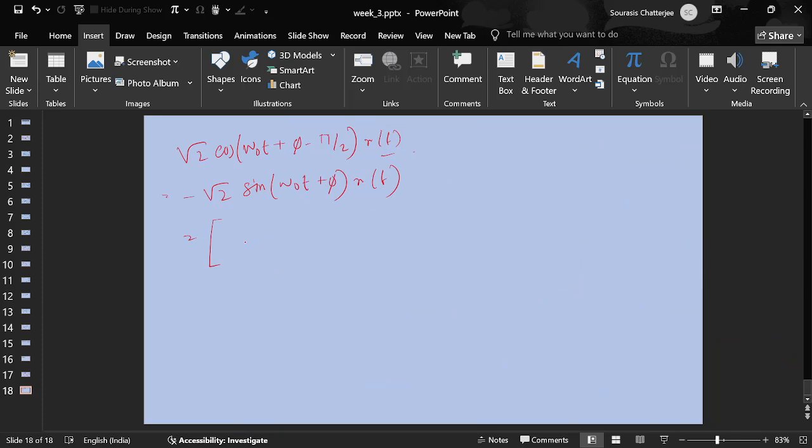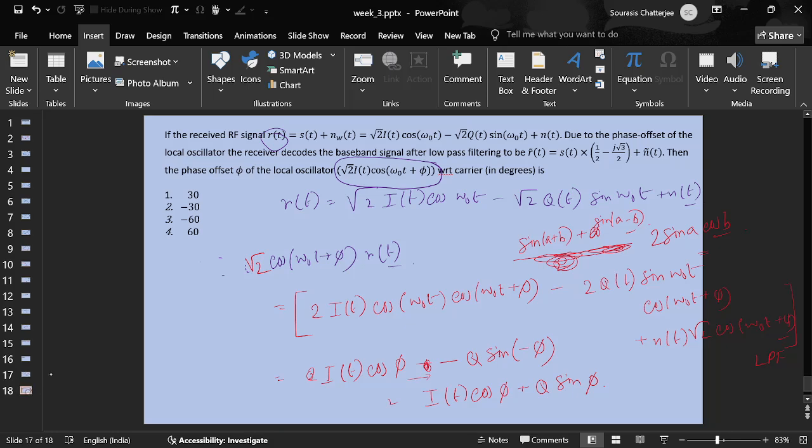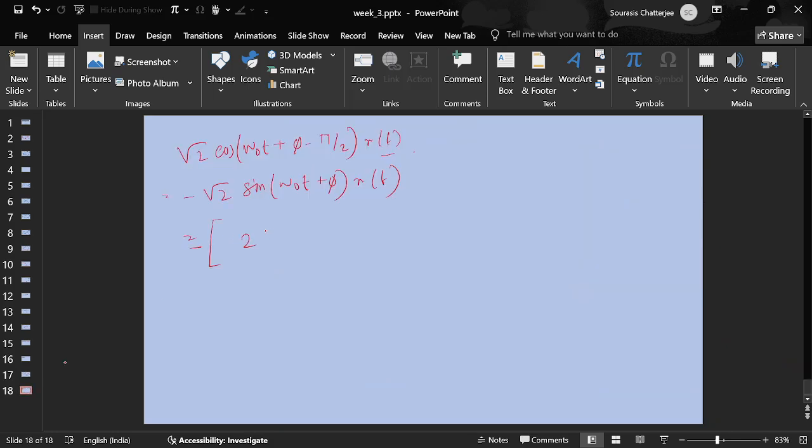Similarly, what we are getting from here, I keep the minus outside: 2 i(t) sin omega naught t plus phi cos omega naught t, minus 2 q(t) sin omega naught t plus phi sin omega naught t, plus noise times sin omega naught t plus phi.